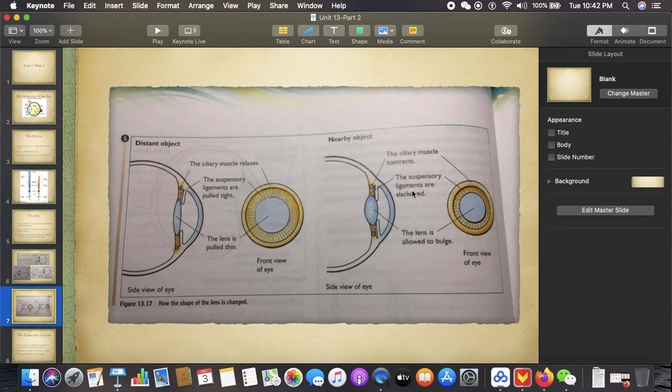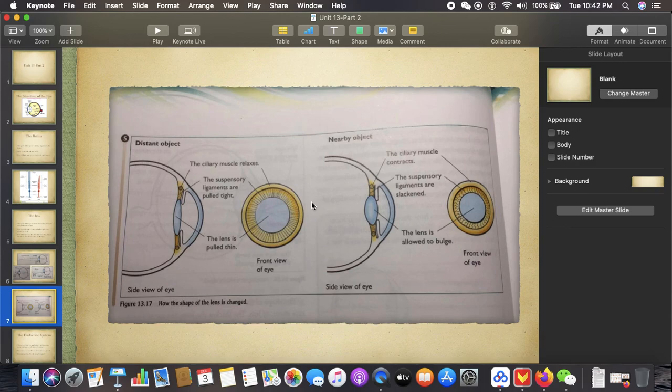And then the suspensory ligaments, which are also a part that holds the lens in place, slacken, so they relax as well, to let the lens bulge to become very fat and short. Now, when the eye is focusing on a distant object, the ciliary muscles relax so that they pull the lens back to very, very thin, and the suspensory ligaments are pulled tight.